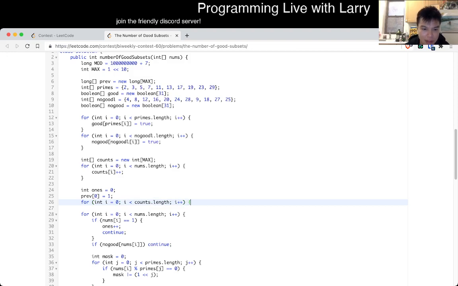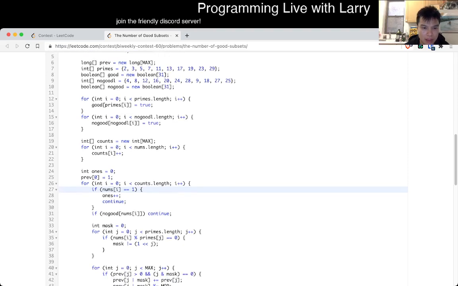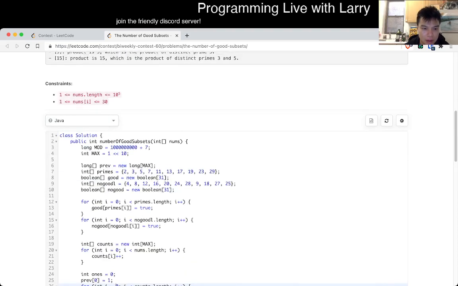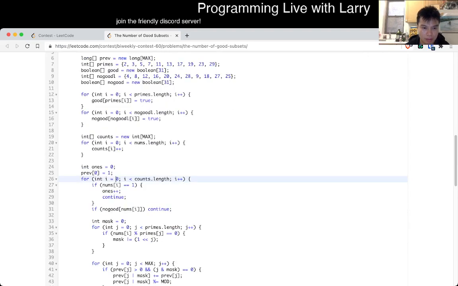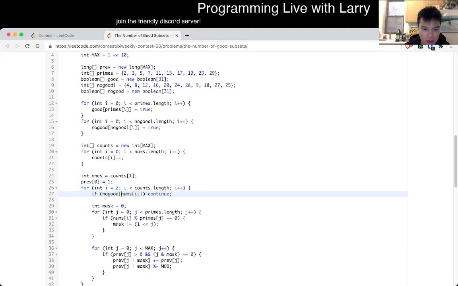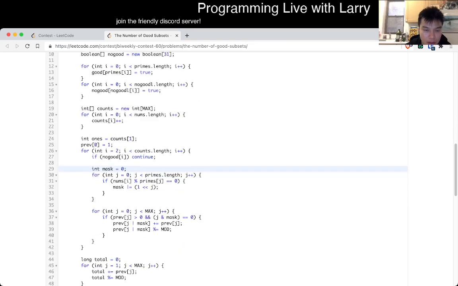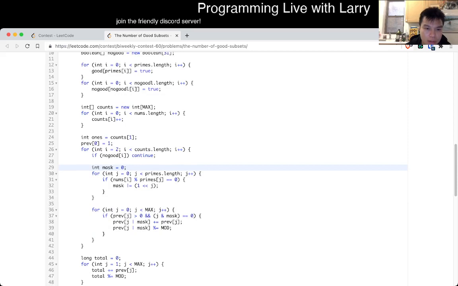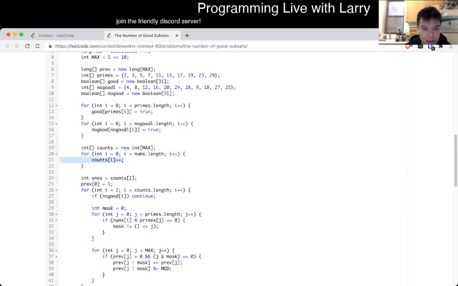So now I is the number. I cannot be 0 anyway. So 1 is equal to count up 1. If no I is no good. Good thing is that I already submitted, so it's okay. Oh, this is not what I want. I mean, I guess it could be what I want.